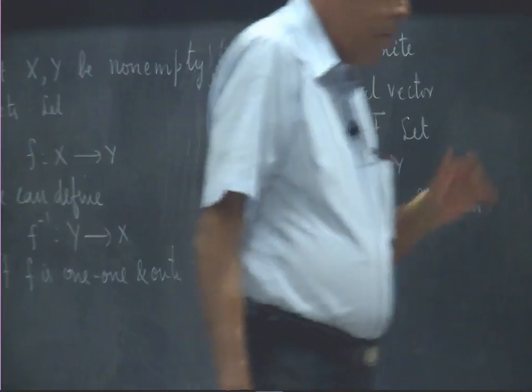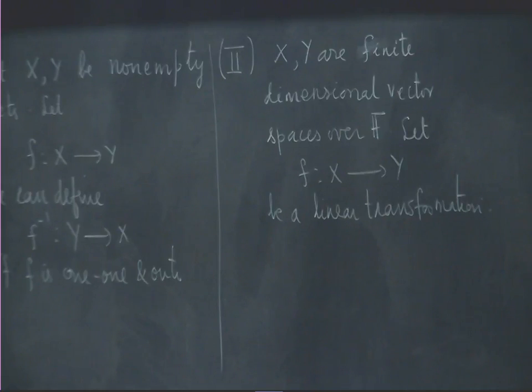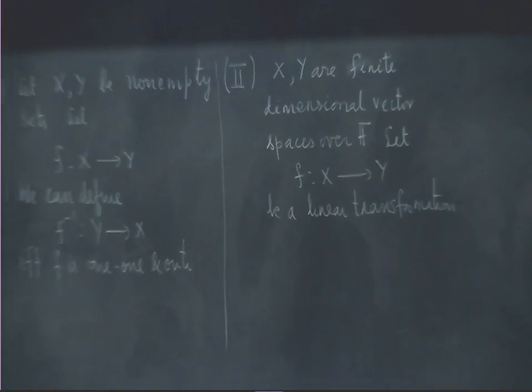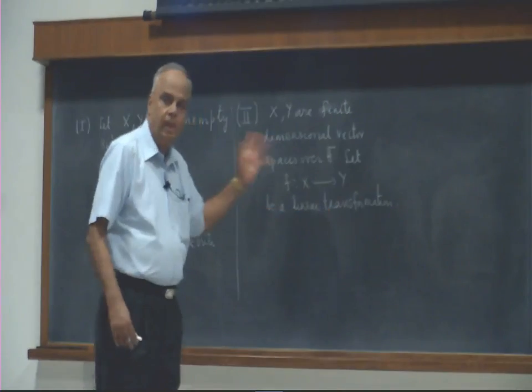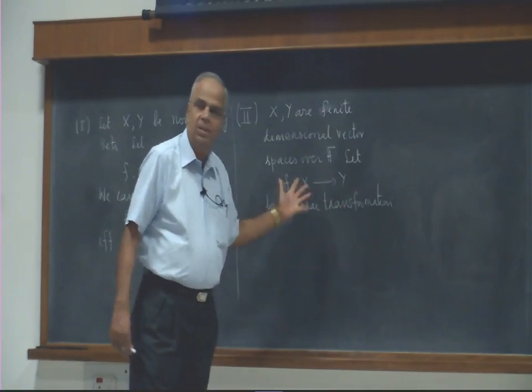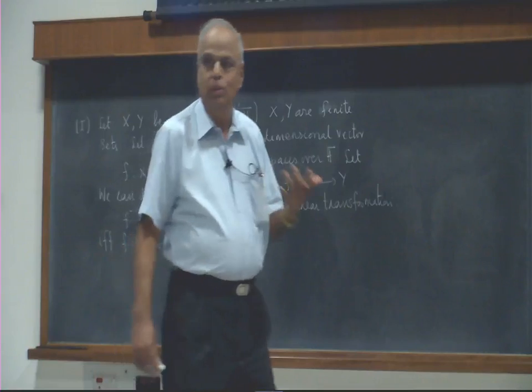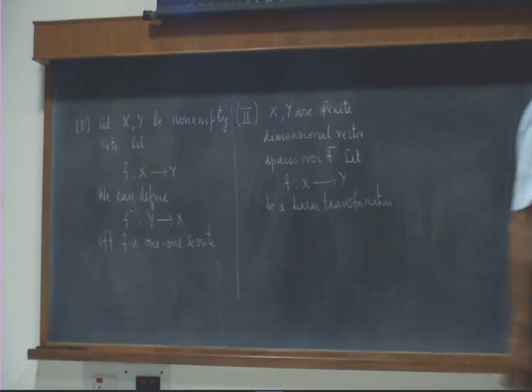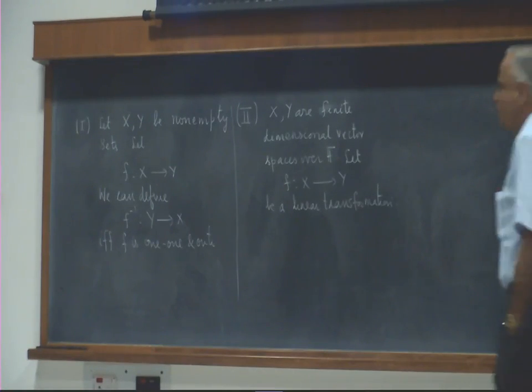Now I am looking at better structure for the domain and the codomain, namely vector space structure, and better structure for the function, namely linearity. So I am looking at a linear transformation from a vector space x to a vector space y, and I would like to look at the inverse. Of course, even to start thinking about the inverse, this must be one-one and onto, otherwise there is no question of even coming back from y to x. But let us look at this a little bit more carefully.